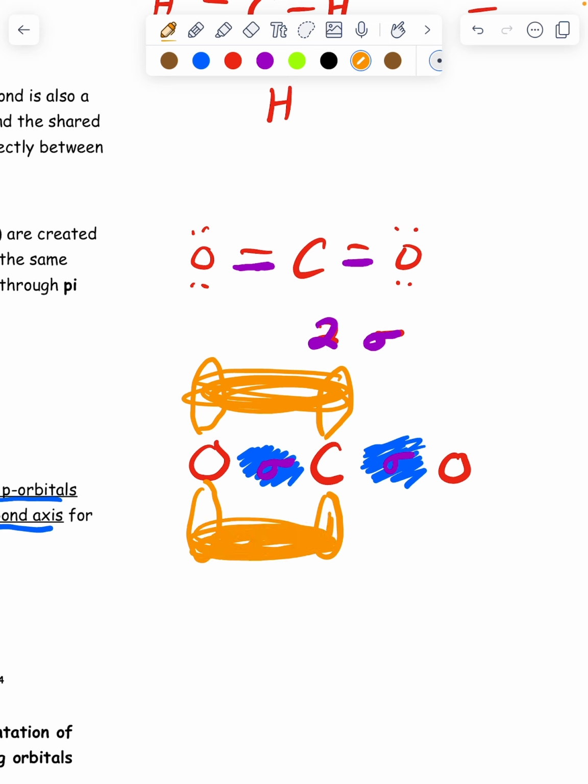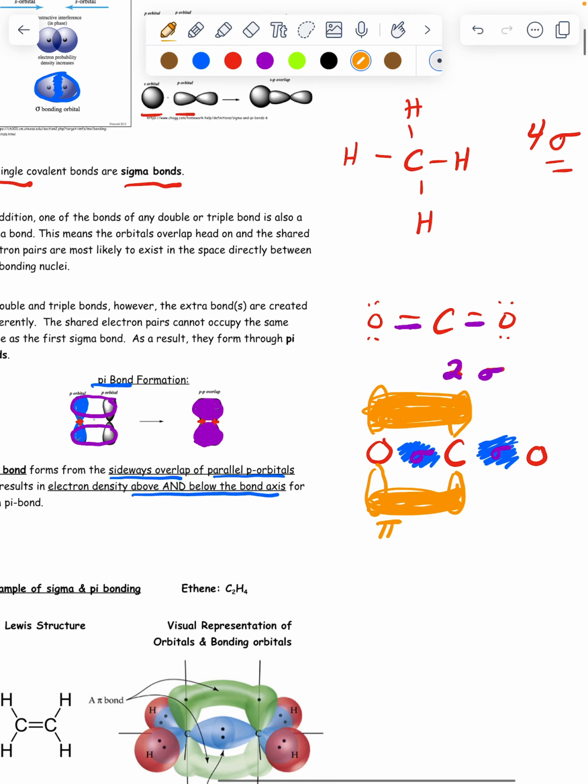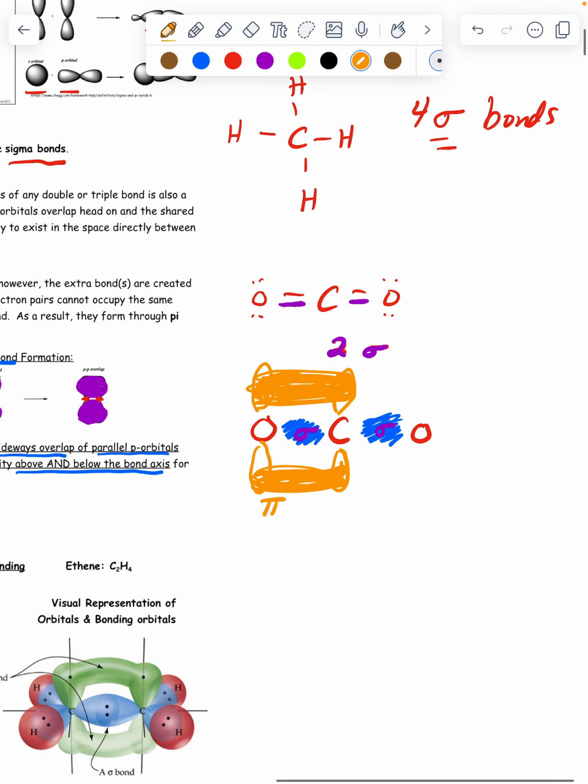And so all of what I've just drawn in orange, that is one pi bond. Okay, I know it's in 2 places, it's above and below, but it just counts as one pi bond. Just like a p orbital is in 2 places, right? It's above and below, but it just counts as one orbital. So this is one pi bond.